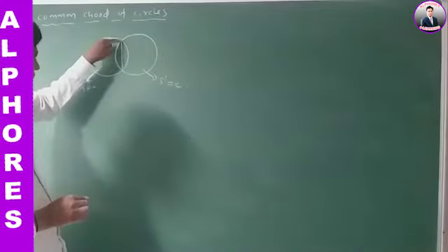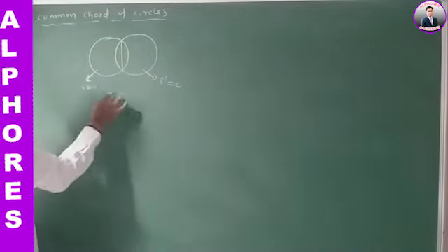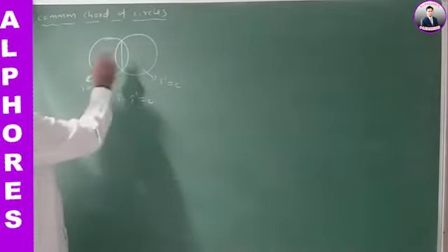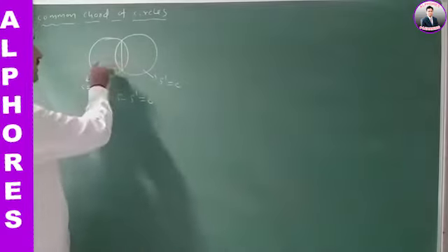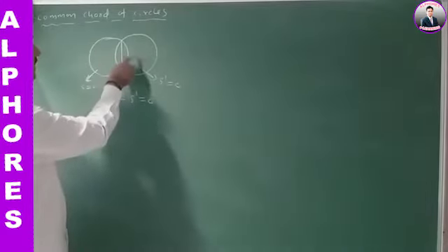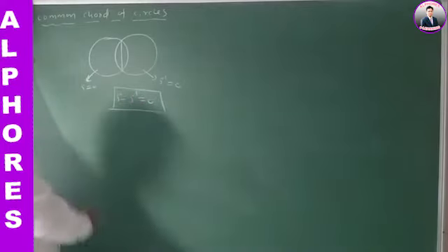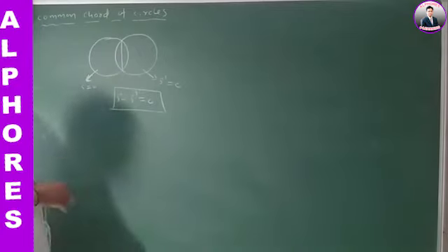Here the equation of this line is S minus S dash equal to 0. If the equations of the 2 circles are given, the equation of the common chord is, according to the formula, S minus S dash equal to 0. Okay, equation over.